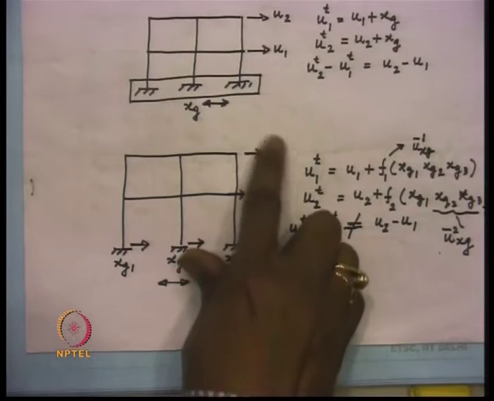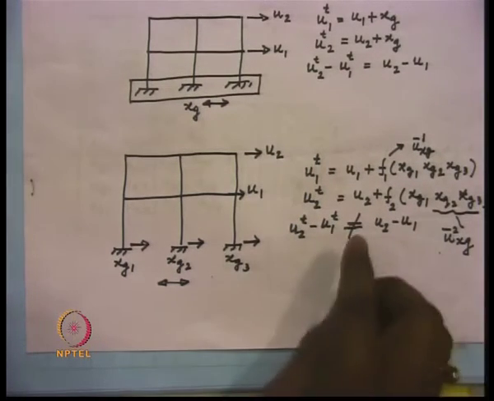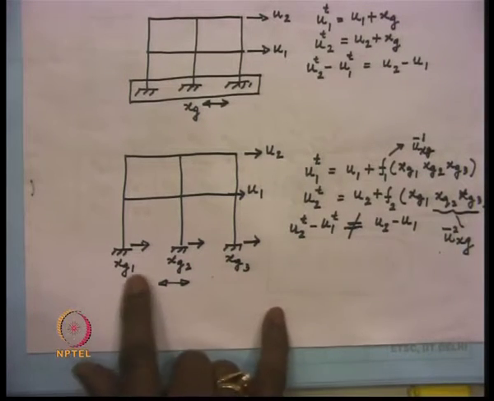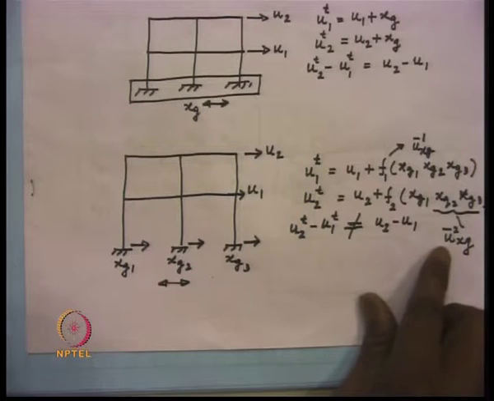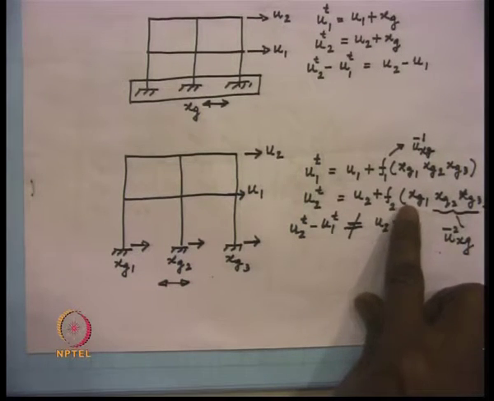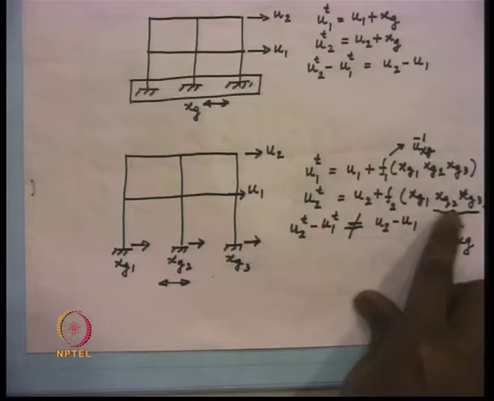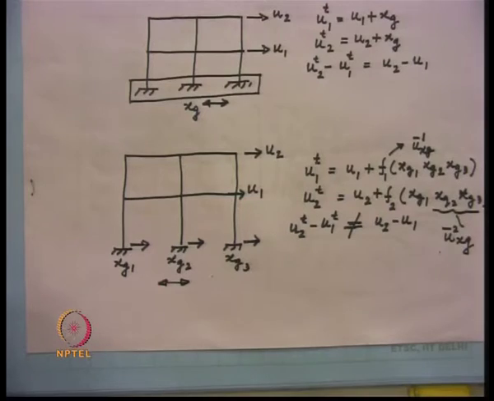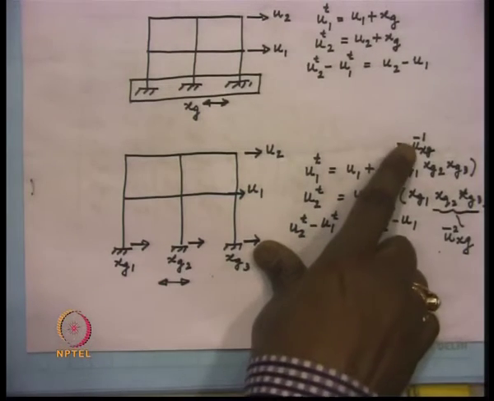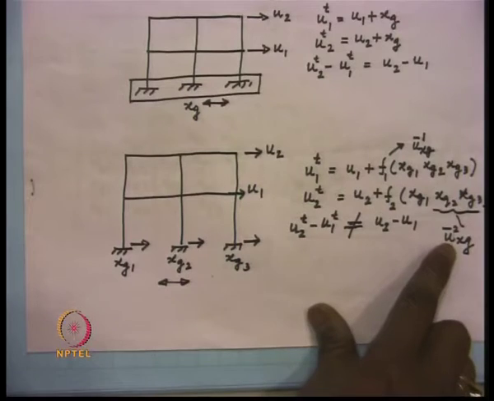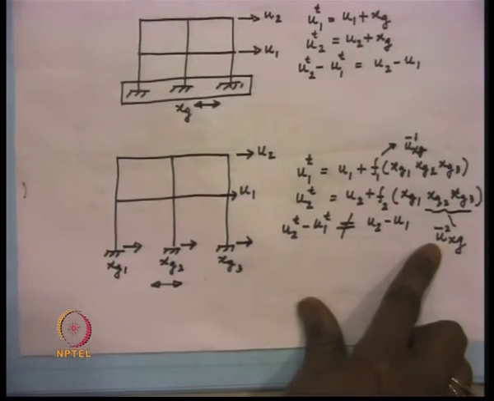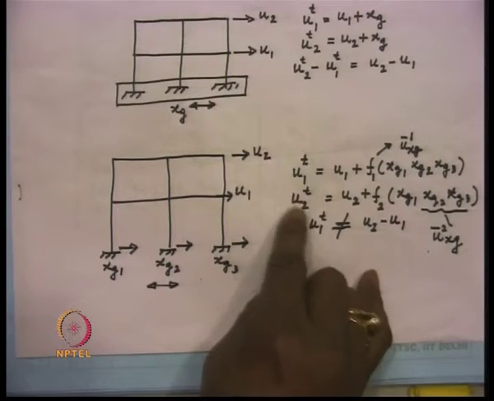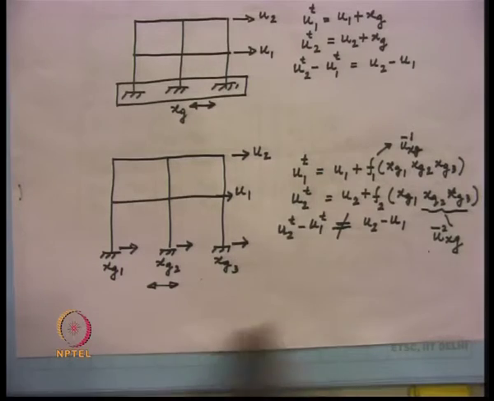Similarly, one can find out at point 2 a displacement produced due to this differential support movement, and that will be another function of xg1, xg2 and xg3, and let us say that is equal to u bar 2 xg. Now, since u bar 1 xg and u bar 2 xg are different, the total displacement for u1 and u2 is obtained as follows.